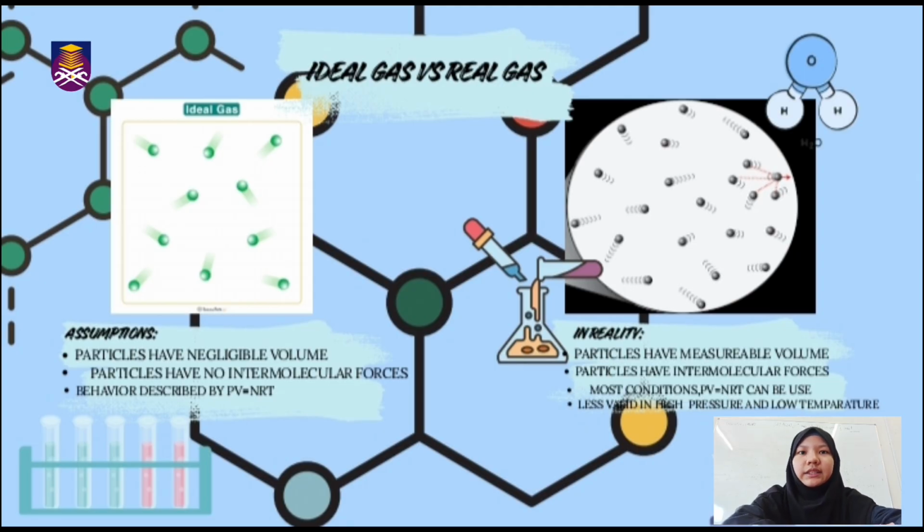And also the assumptions say particles have no intermolecular forces, but in reality particles have intermolecular forces, in which they will combine themselves with other gases. And lastly, the behavior described by PV = nRT for the ideal gas is in reality less valid at high pressure and also low temperature. This part we're going to go through next.